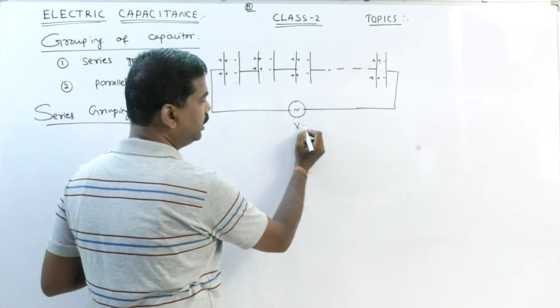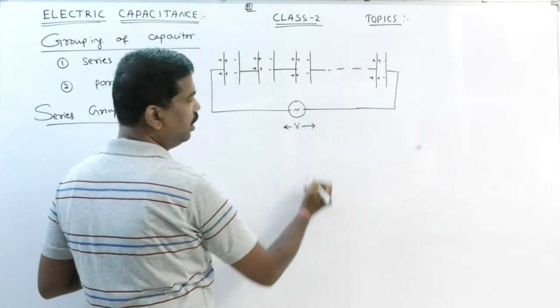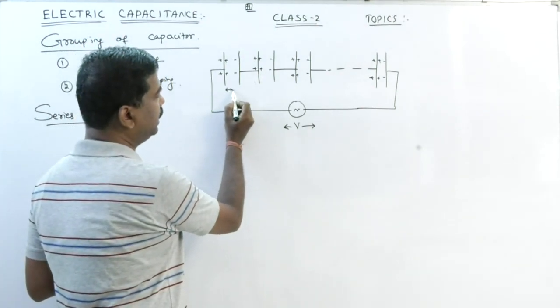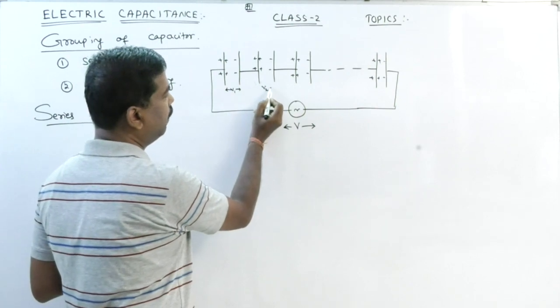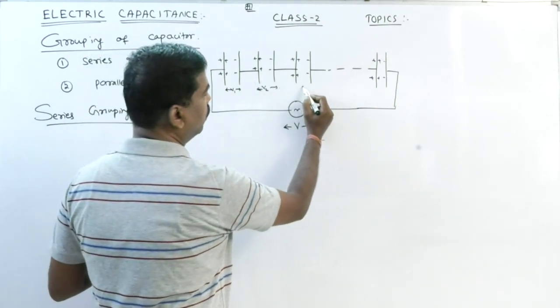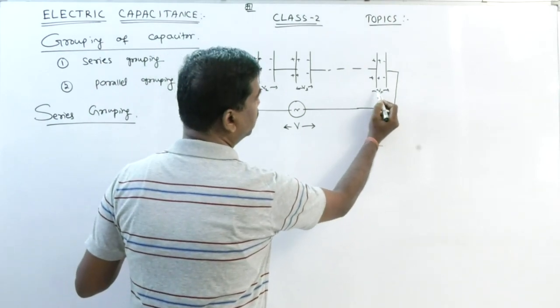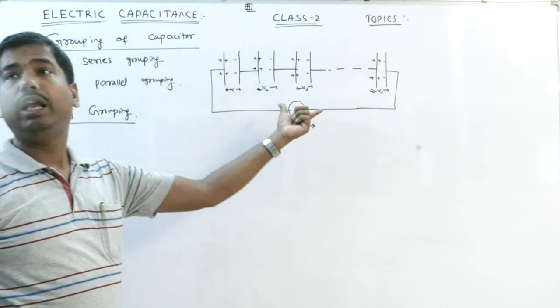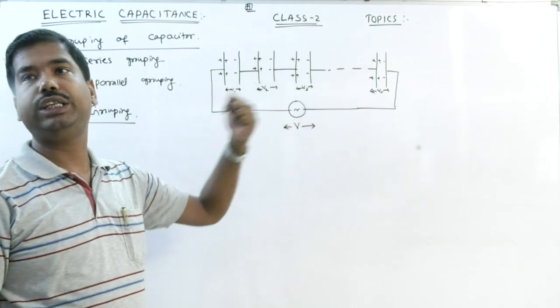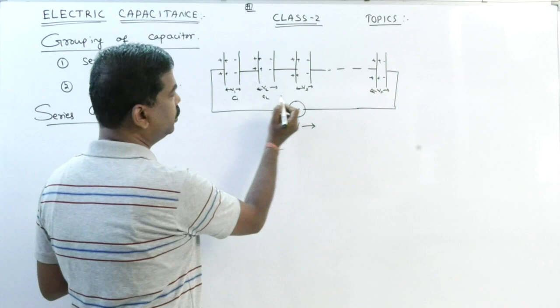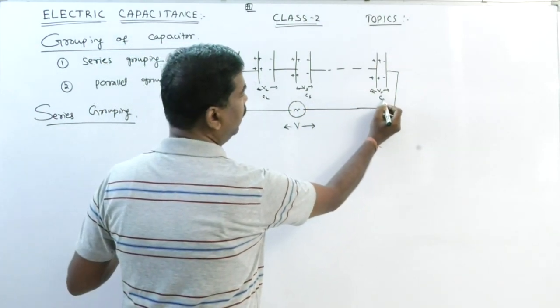Let the net potential be V, and the potential difference across each capacitor be V1, V2, V3 and Vn respectively. This is the individual potential drop across each capacitor. The capacities of the capacitors are C1, C2, C3 and Cn.